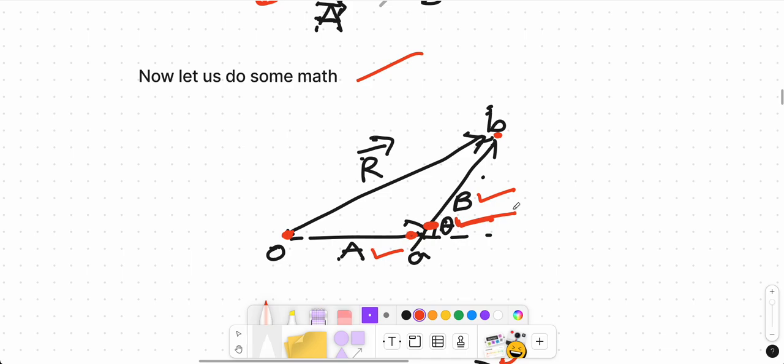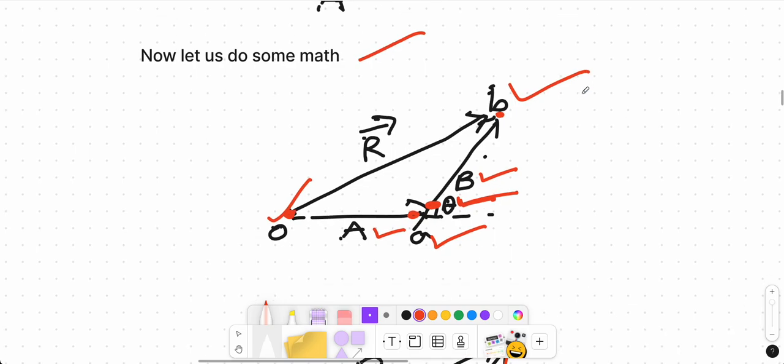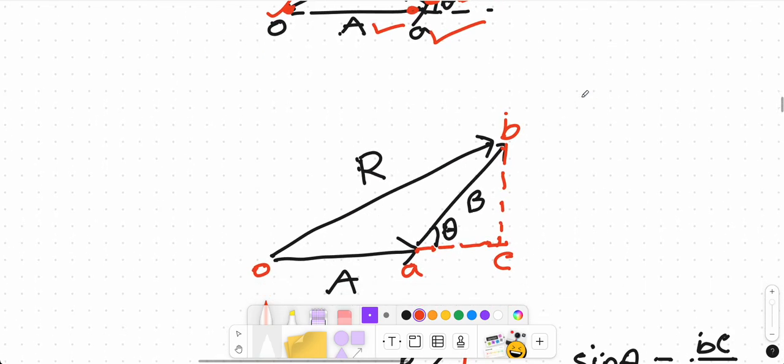Let me name some points. This is point O, this is point A, this is point B. Great. Now let me draw a perpendicular from point B to the OA line. So this point is now C.